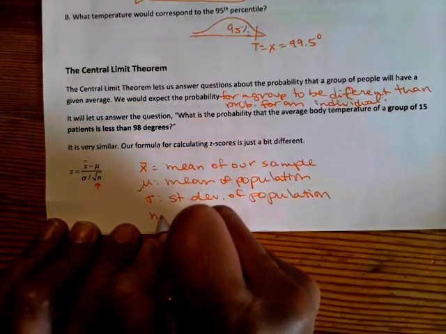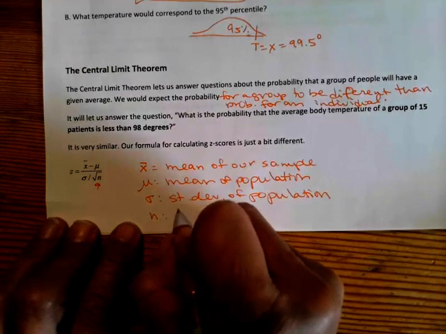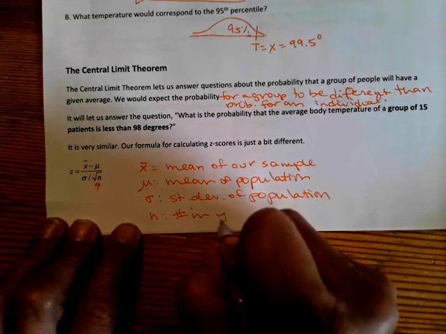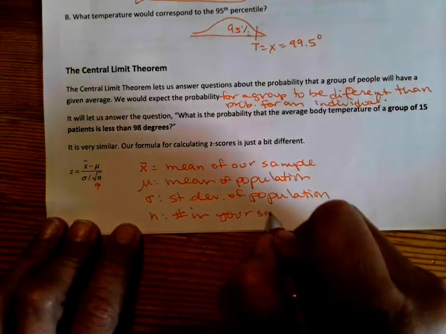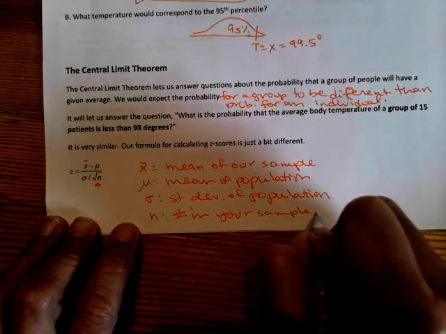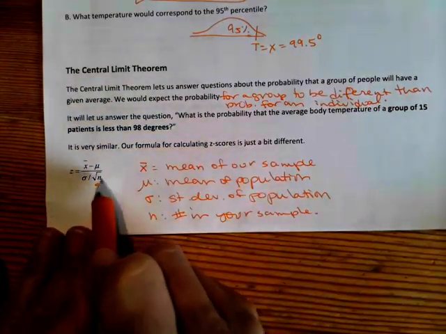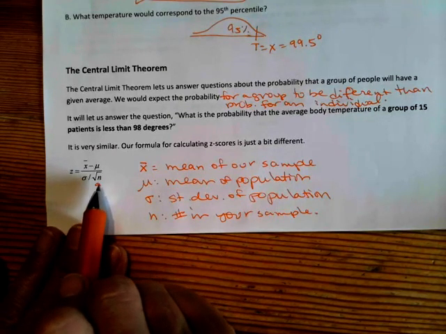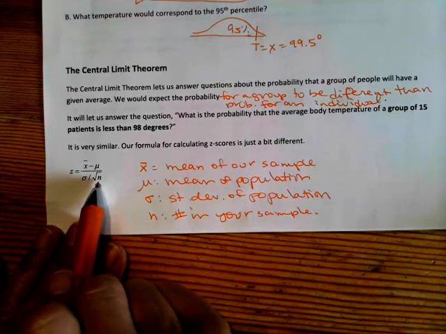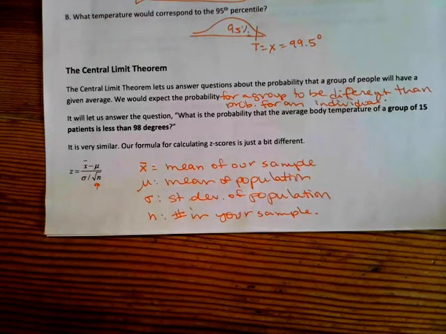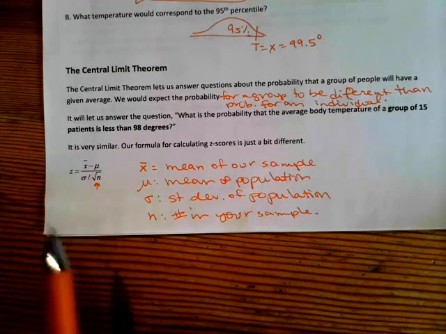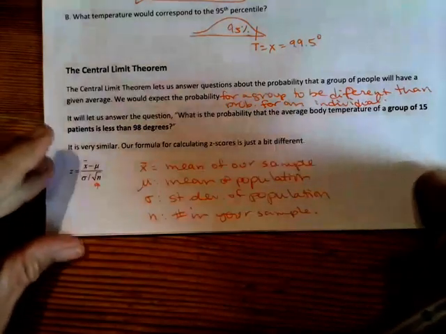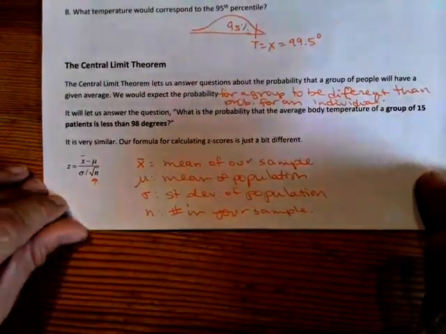And then that n is the number in your sample. So what we're doing is we're making that standard deviation smaller because we're dividing it by a number that's going to be bigger than 1, because the number in your sample can't be less than 1. So let's see how this is working.